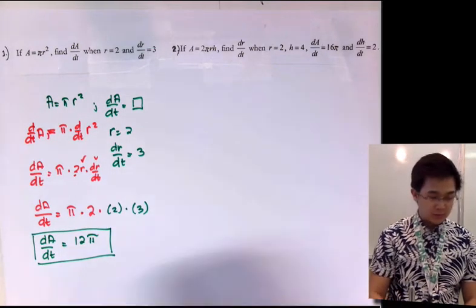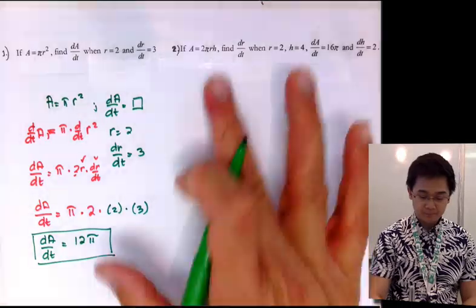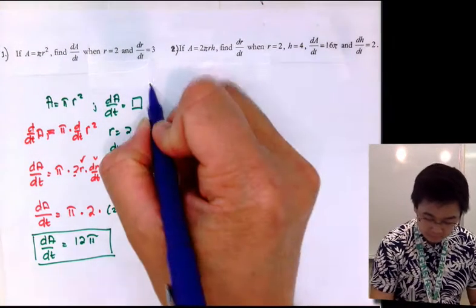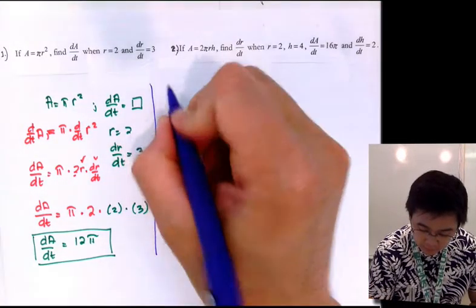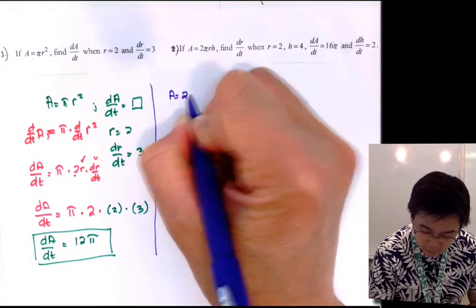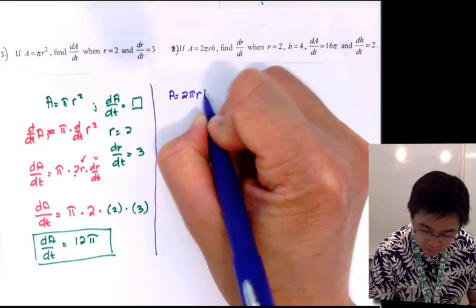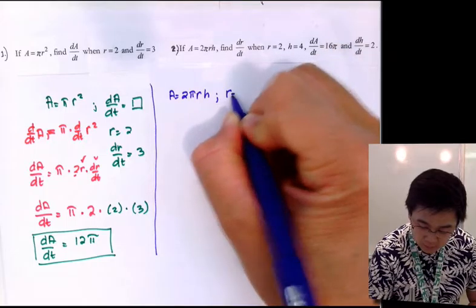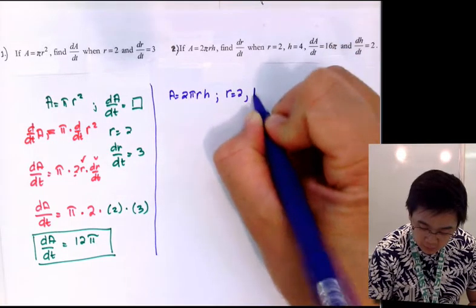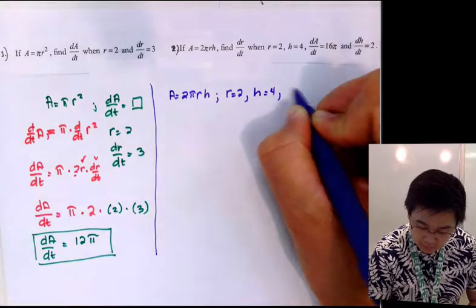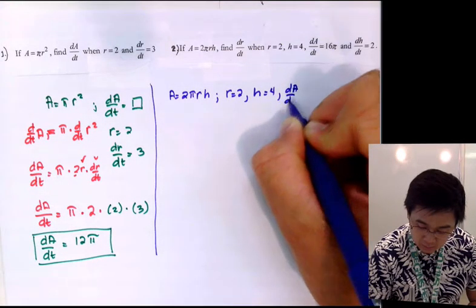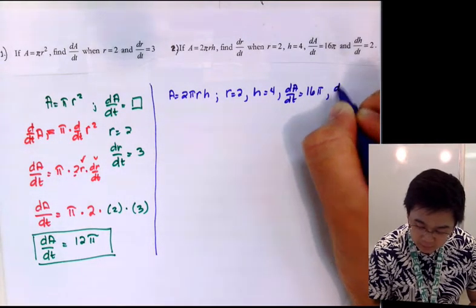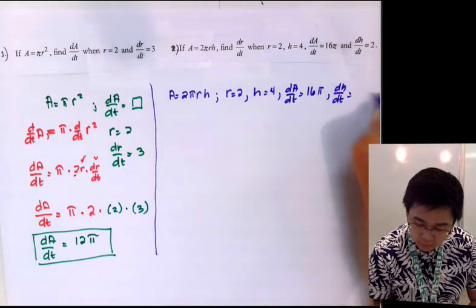Now, to take the derivative of the second problem, let's write out the formula. Here we have A equals 2 pi r h, and we are given r, which is 2, also h, which is 4, and dA over dt, which is 16 pi, and dh over dt, which is 2.